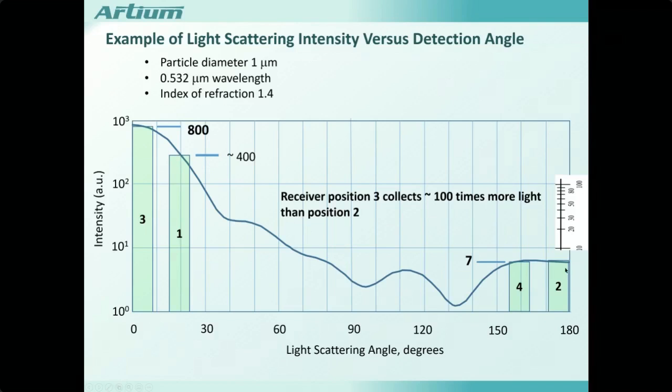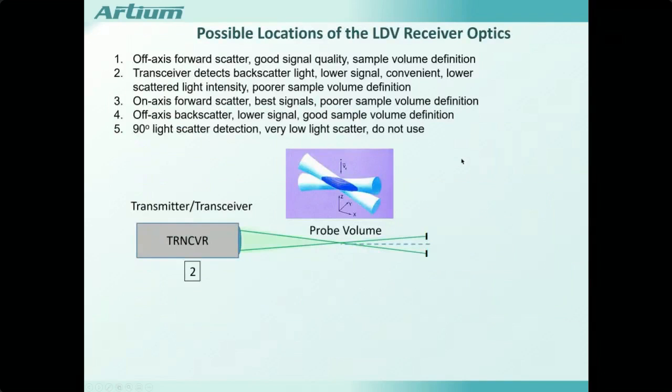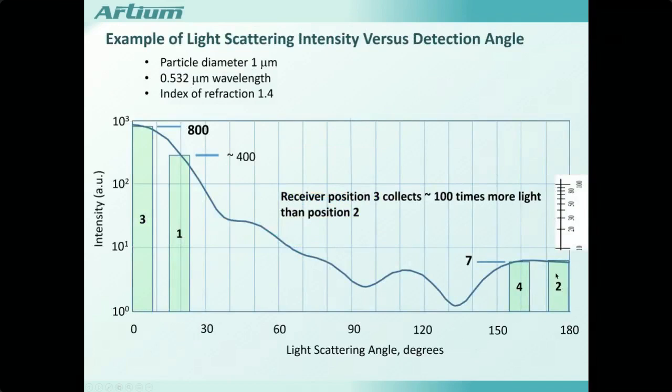Now we'll go to position number 2, which was the backscatter approach, the transceiver approach, and that's not too good. The light scattering intensity is almost 100 times less than the near forward. In fact, it's a little over 100 times. At the 10 or 20 degree position, it's about 100 times.